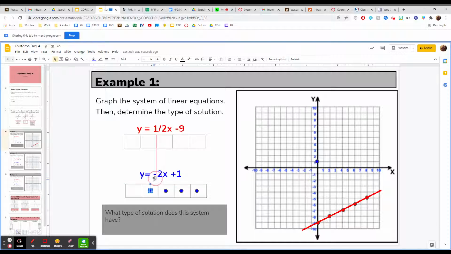That means the change in y is -2, so we're moving down from the y-intercept. We're going to go down 2, right 1, and repeat.